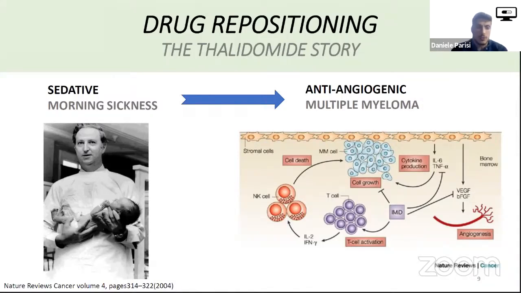It was quite safe, so it was tested on mice and rabbits with amazing results, and it gained great popularity immediately, until some years later, when they started associating the usage of this drug with increased births of phocomelic children, so children with very small or even no limbs, arms and legs.